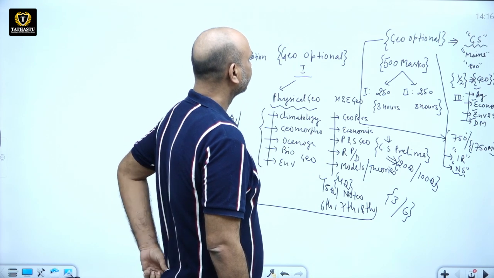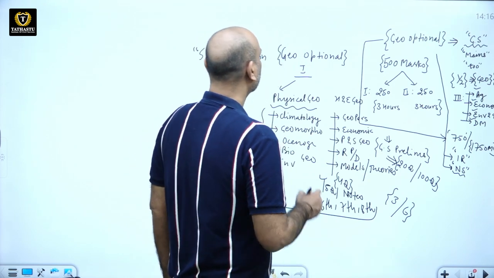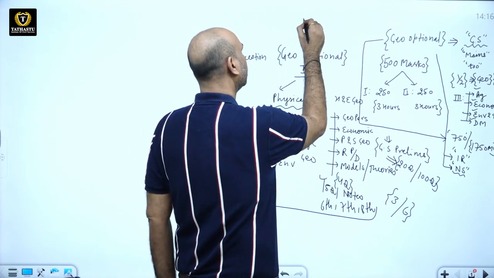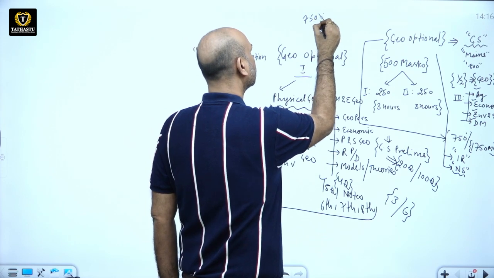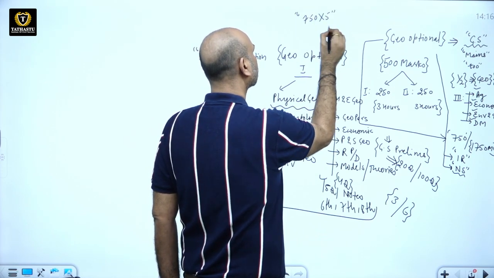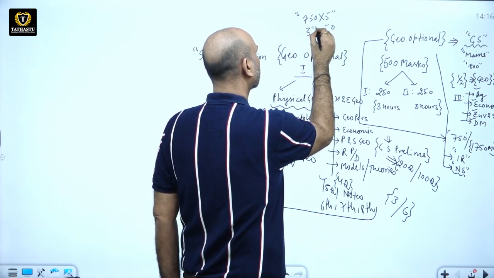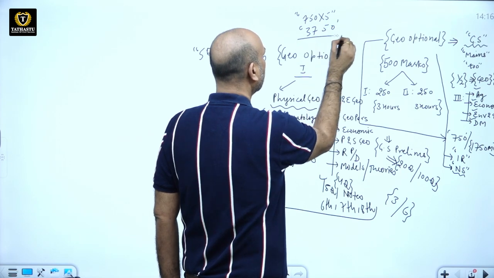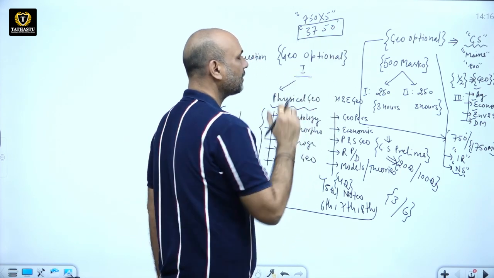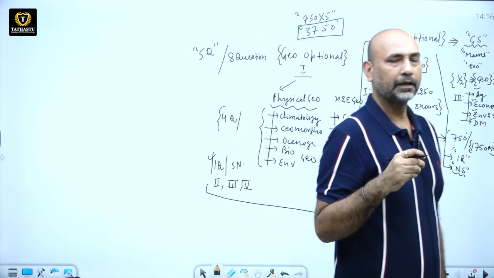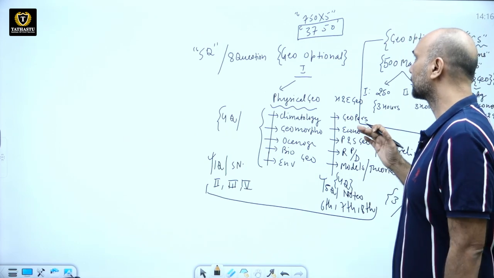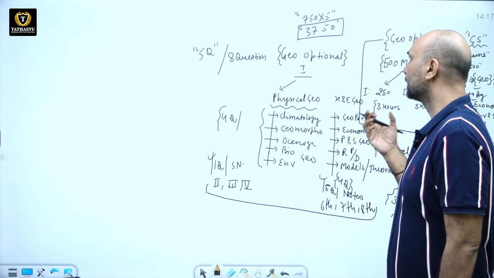Remember that the number of words we need to write is 750 per question. Means in 3 hours, the number of words we need to write is 3750 words.